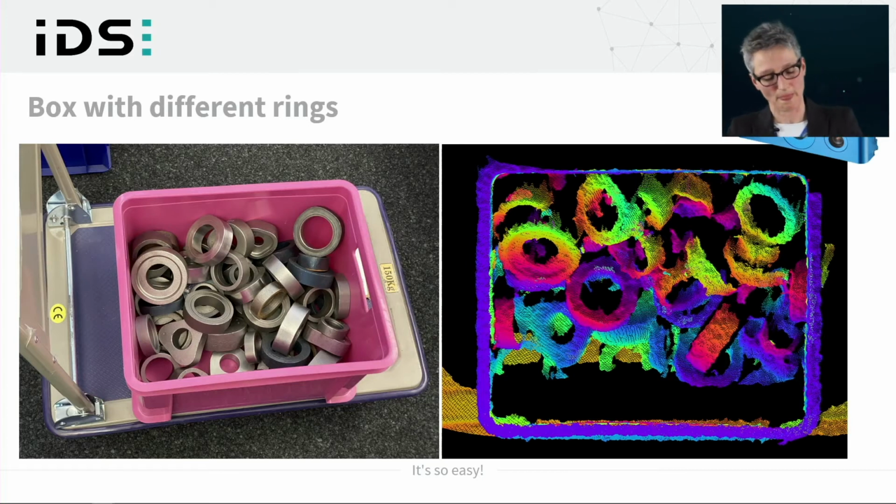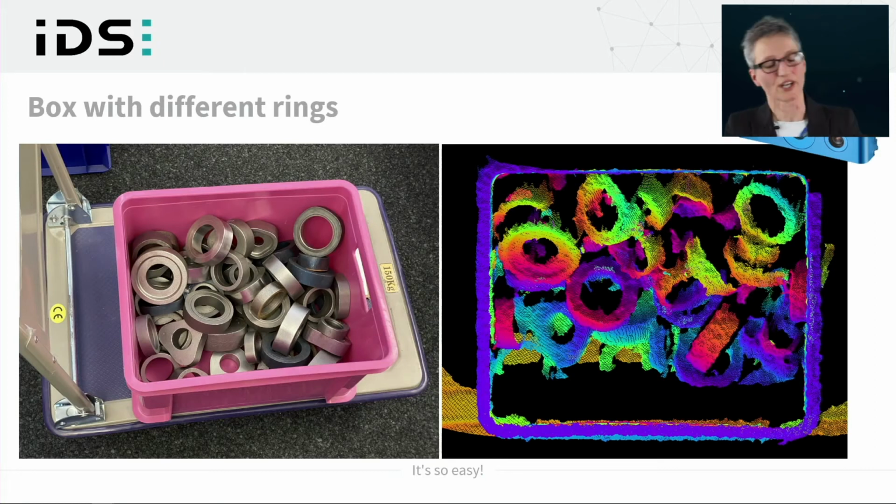So you can identify them by comparing the point cloud and the CAD model of different rings, and then you can say every type of ring should be placed in a different location. And of course, if you want to grab the parts with a robot, you have to find out the location of the objects in the box to make the robot able to grasp the part.